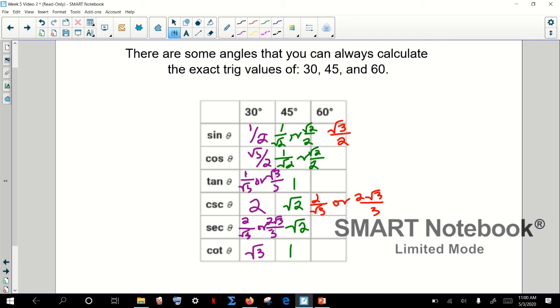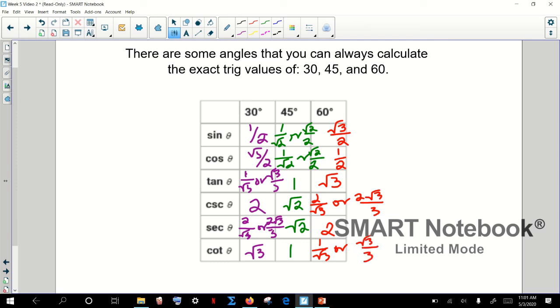The cosine of 60 degrees is 1/2, so that means the secant of 60 degrees is just 2. And then the tangent of 60 degrees is square root of 3. So that means that the cotangent of 60 degrees is either 1 over square root of 3 or square root of 3 over 3.